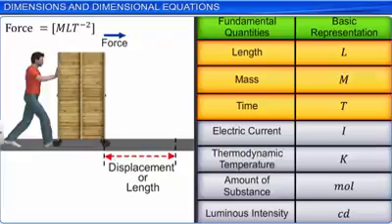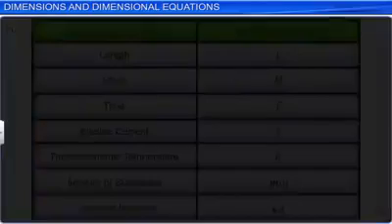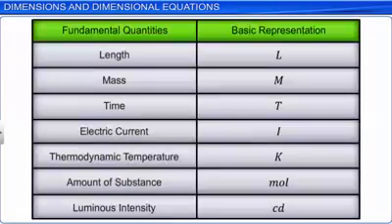Thus, we can say that the dimensions of all the other four base quantities in the expression for force are equal to 0. In mechanics, most derived quantities are related to only the three base quantities of the 7, namely mass, length, and time.